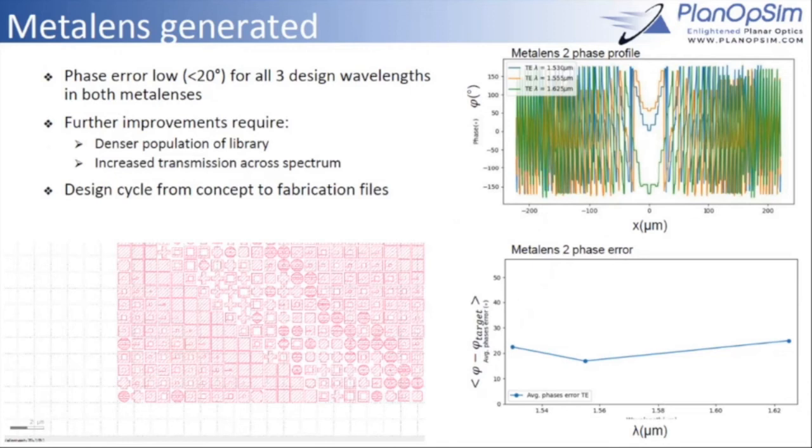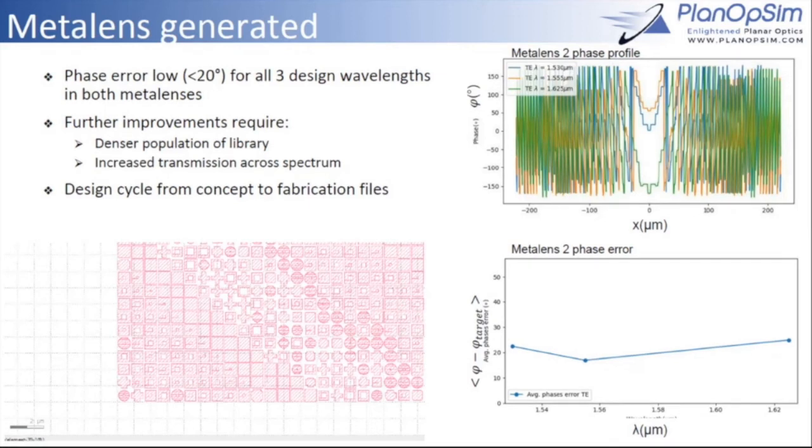Phase error is low across the entire set of design wavelengths. For all lenses, it stays below, near 20 degrees. Phase error for this one is actually a little bit better. To improve this further, we'd have to build a better and better library, especially increasing the transmission level, with different steps and phase discretization available to us.